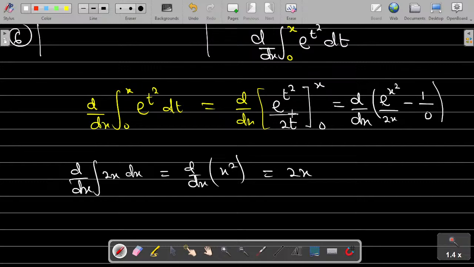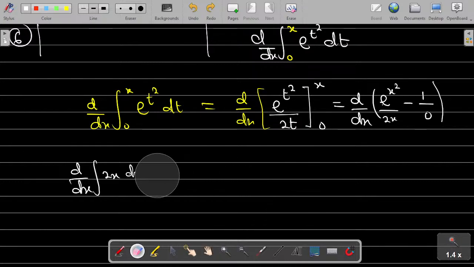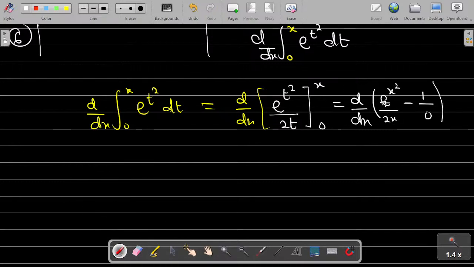Assuming that this was an indefinite integral, then this would have taken away this. But here you have a definite integral just going from 0 to x, so that means we will come back to what we did.